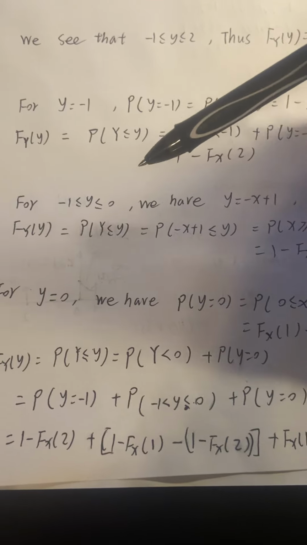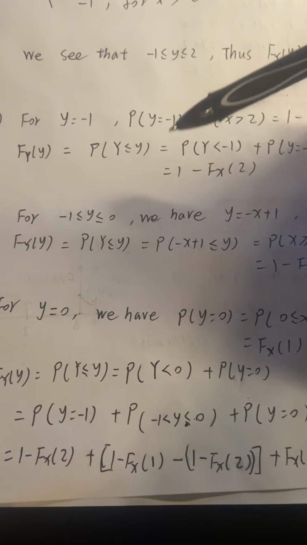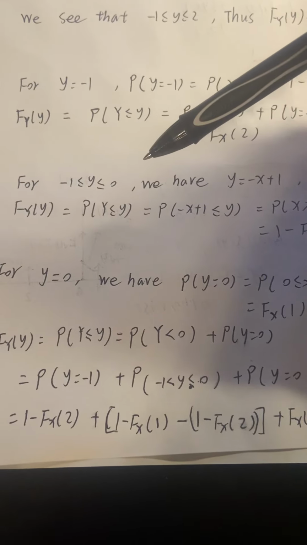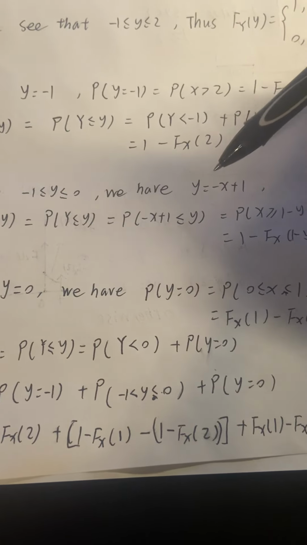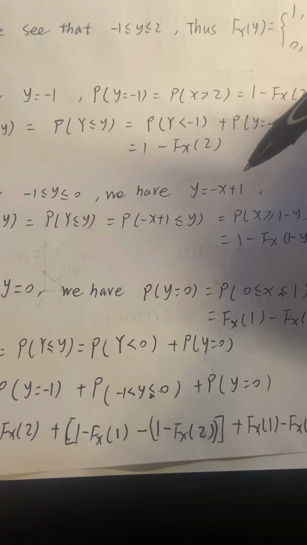And then if y is between -1 and 0, from the g(x) function, we have y equal to negative x plus 1.